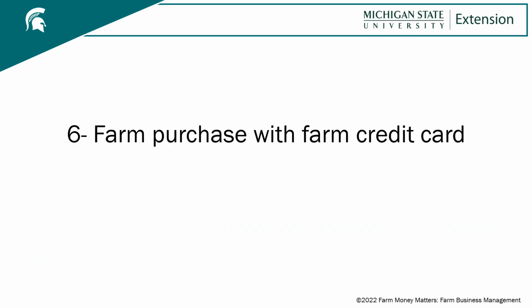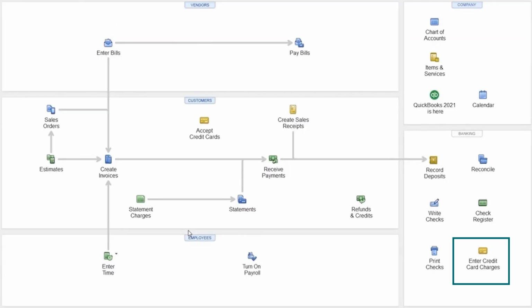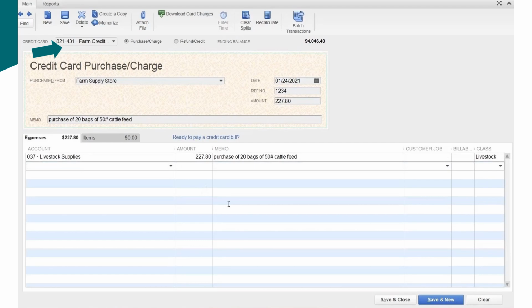The next transaction we will look at is a purchase of farm supplies using a credit card. For this transaction, we will use the Enter Credit Card Charges screen on the QuickBooks homepage. So first, you need to make sure to have the right credit card account at the top, especially if you have more than one.